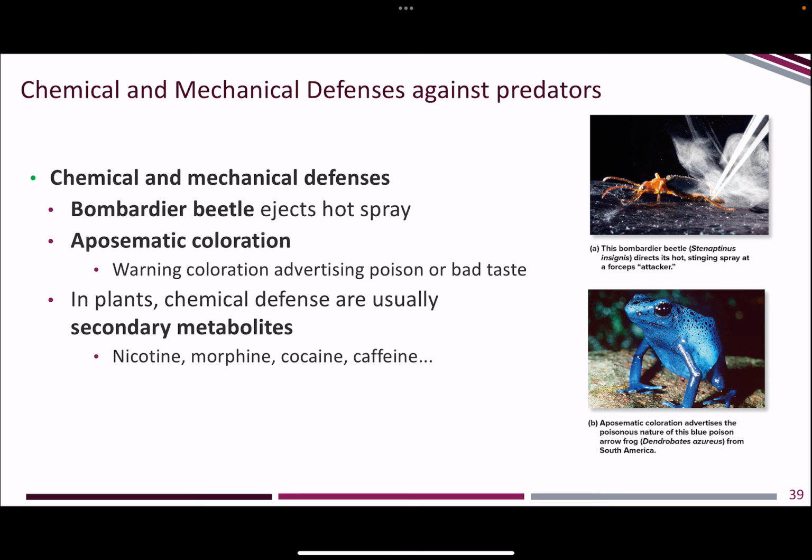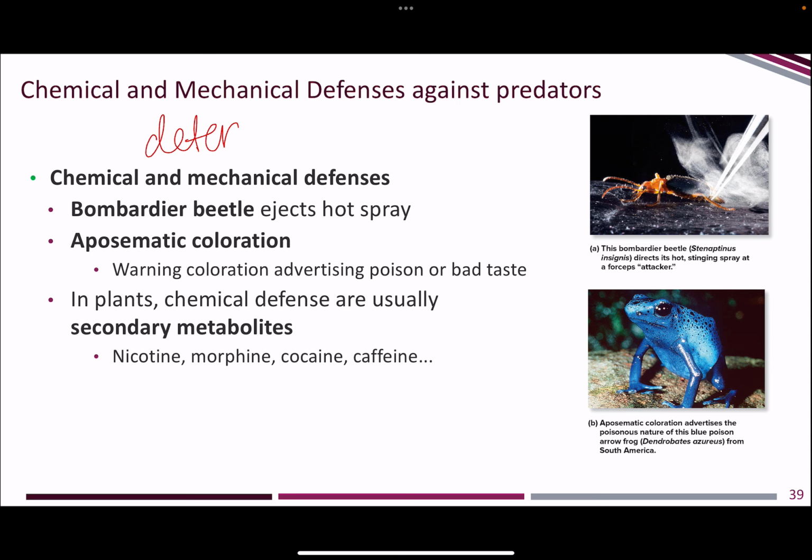So on this slide, we have a couple of examples of mostly chemical defenses. So a chemical defense is going to be something like a poison or a substance that is produced that tastes bad, anything to basically deter the predators. So we're looking to deter the predators here.